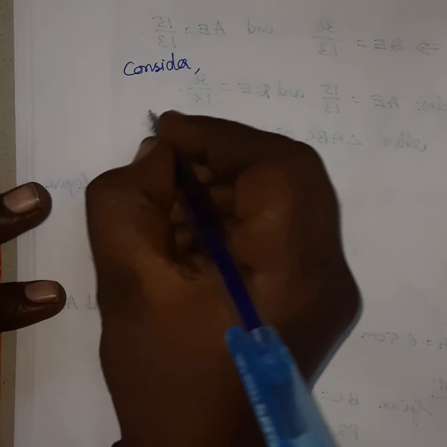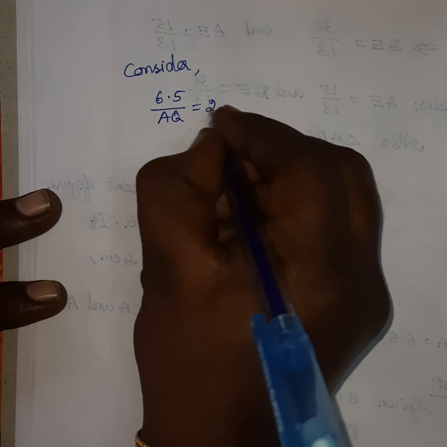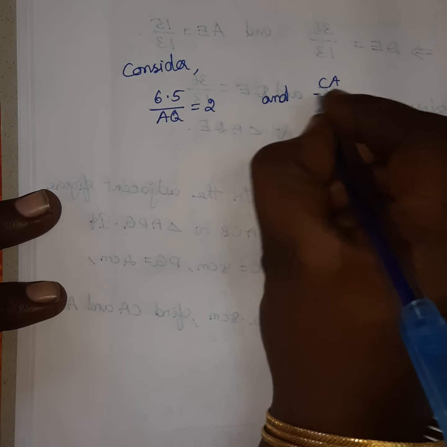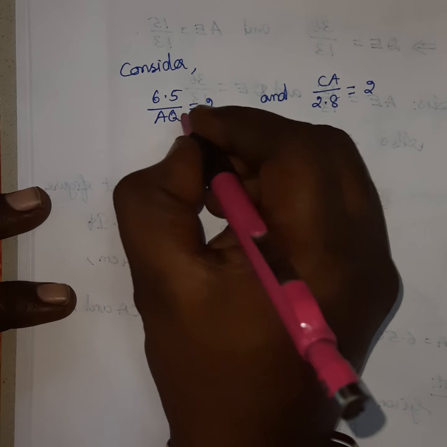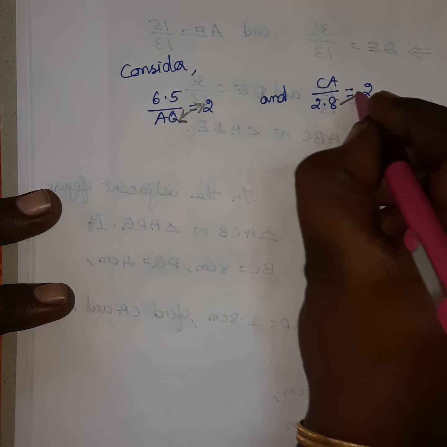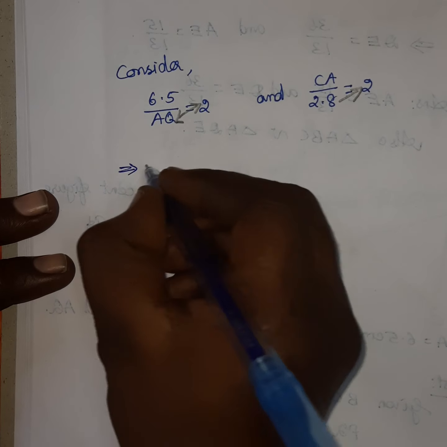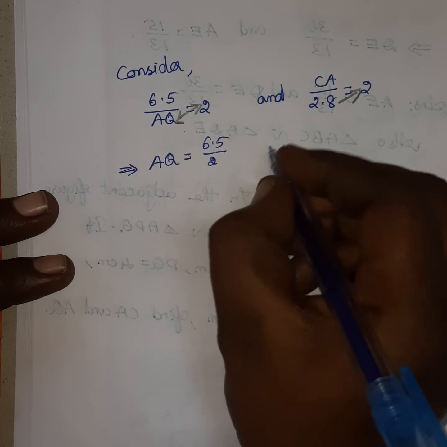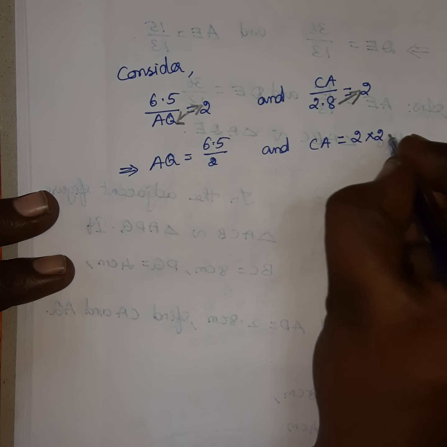Consider first and second ratio, it is 6.5 divided by AQ equal to 2, and second and third ratio, that is CA divided by 2.8 equal to 2. Okay, now we can find out the value. So AQ you take to the numerator and 2 you take to the denominator. Here only this 2.8 take to the numerator. Which implies AQ is equal to 6.5 divided by 2 and CA equal to 2 into 2.8.